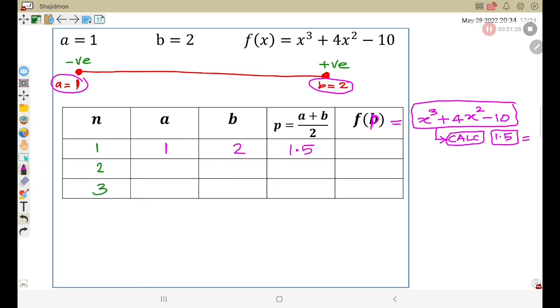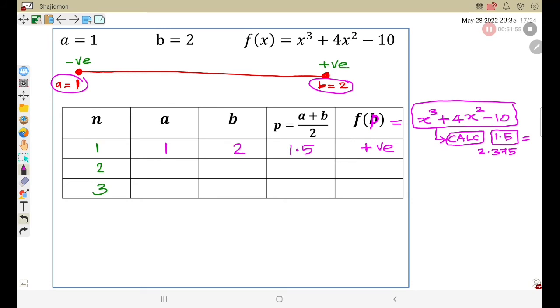You will get approximately 2.375. But we don't want this number, we want only the sign of that number. That number is positive, so I can write here positive sign.